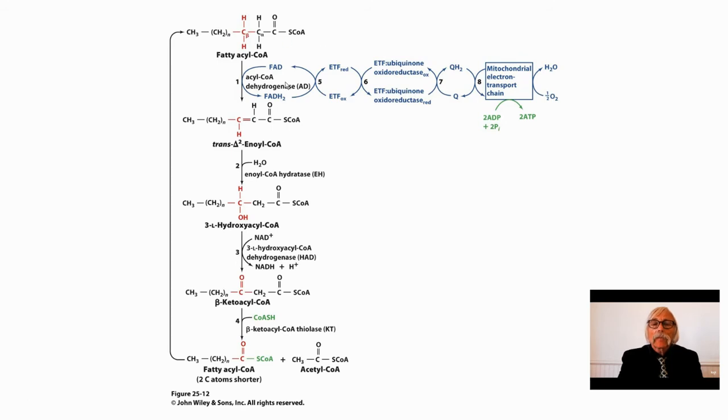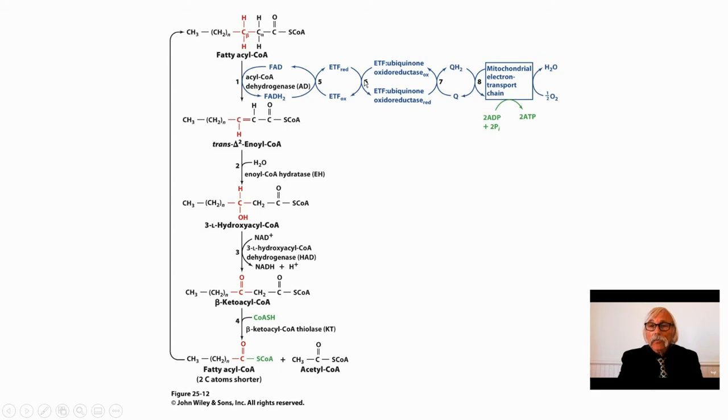So watch what happens. The first reaction is carried out by acyl-CoA dehydrogenase, which is FAD linked. And you synthesize flavin adenine dinucleotide reduced form. That will move through various electron transfer ferredoxin containing proteins, ultimately to the ubiquinone oxidoreductase, and you will reduce it.